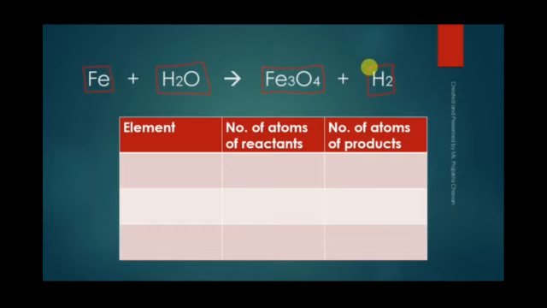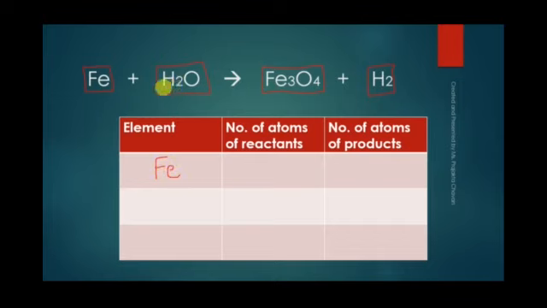Very good. So here we have the table in front of you all. First column, element. So let us first begin by filling up this first column. What are the elements involved in this chemical equation? We are going to write that one by one. Yes, the first element is iron, Fe. Brilliant.